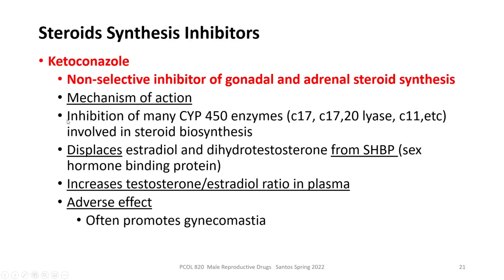They do that by inhibiting many CYP450 enzymes, the C17, the 20 lyase, the C11, which are all involved in the steroid biosynthesis. So by doing that, they block or reduce the steroid synthesis.